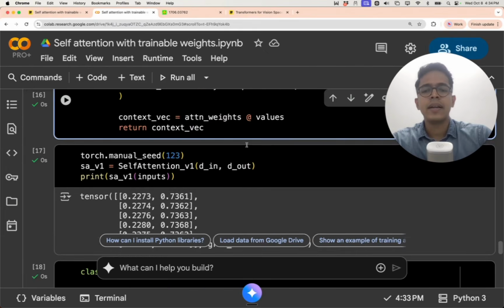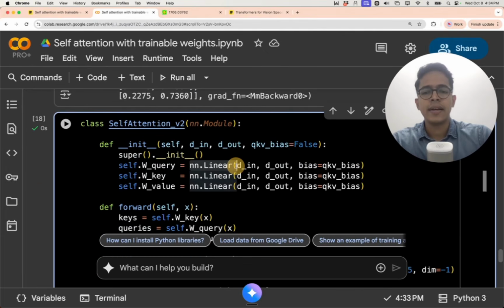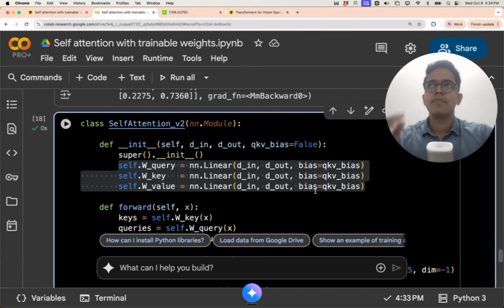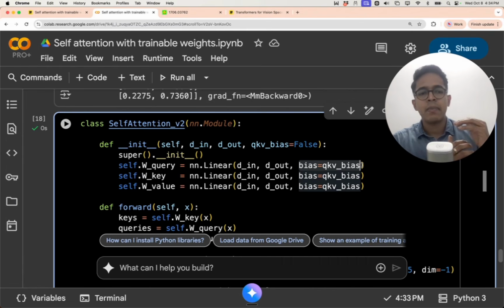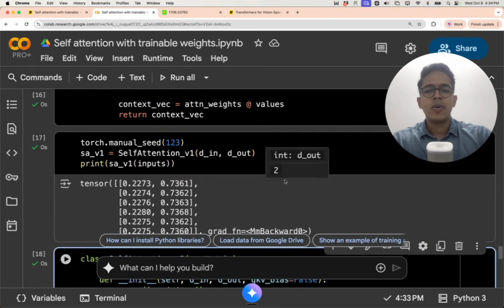But in another Python class, we are using nn.Linear. For neural network training, this initializes these numbers in a much more optimized way, which also includes bias. Usually when we multiply with a weight matrix, we don't just have weights, we also add bias. So here we also introduce bias, but I don't want to spend too much time on this.